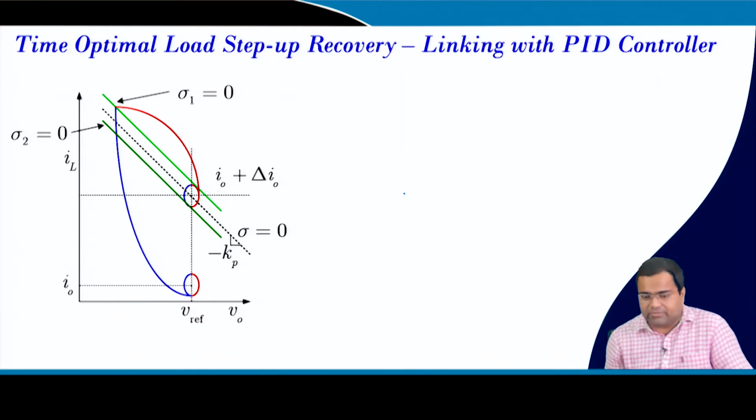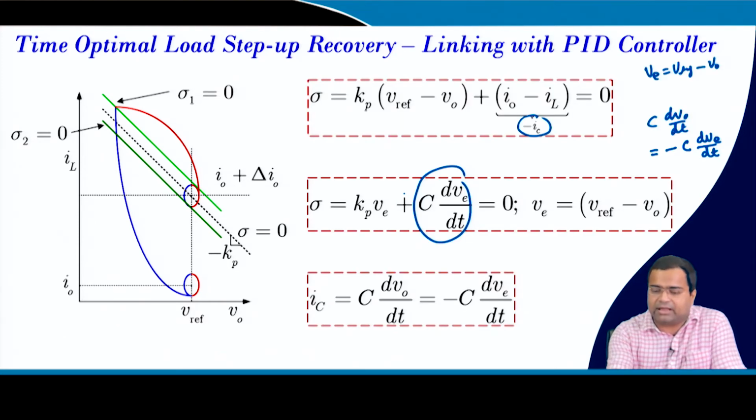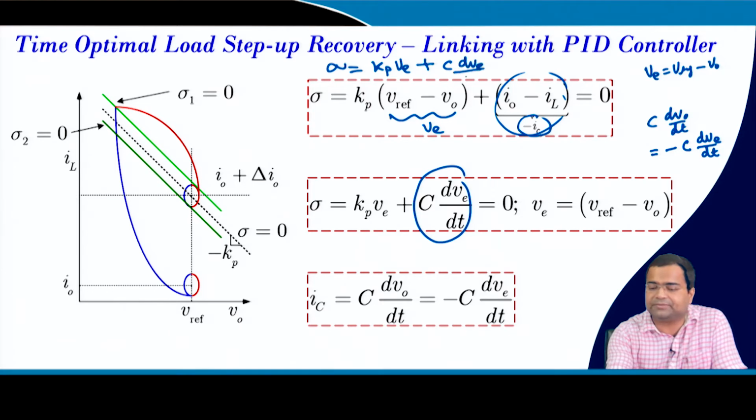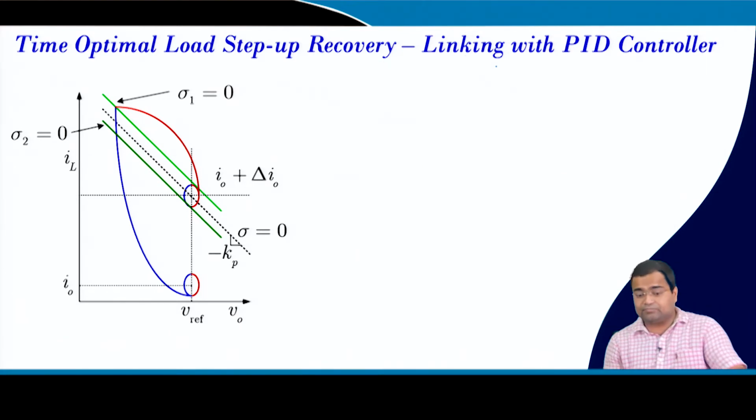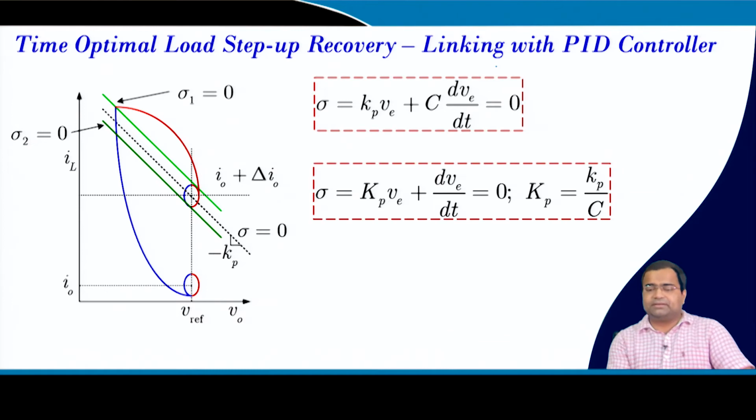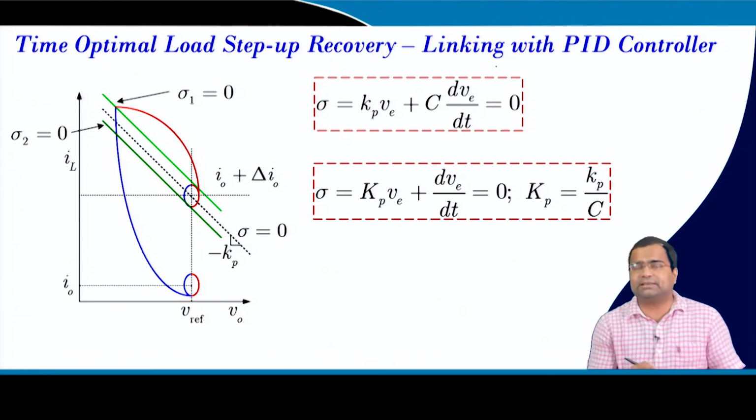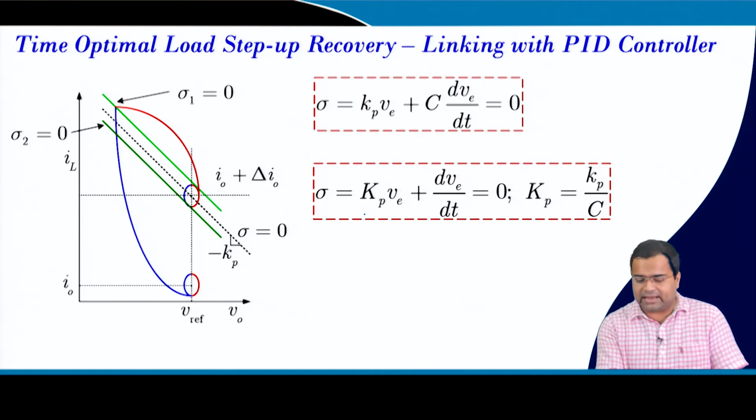Now, sigma will be replaced by Kp into error voltage plus, because this whole term is minus of C into dVe/dt. If we normalize, dividing by C, we get small kp by C, which we take as capital Kp.